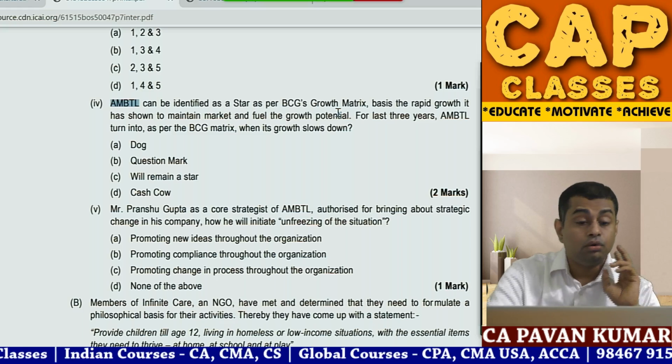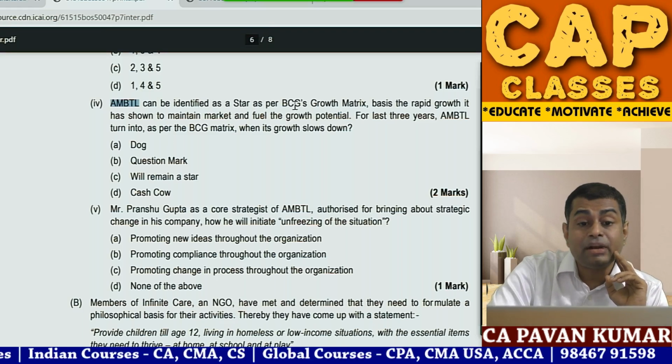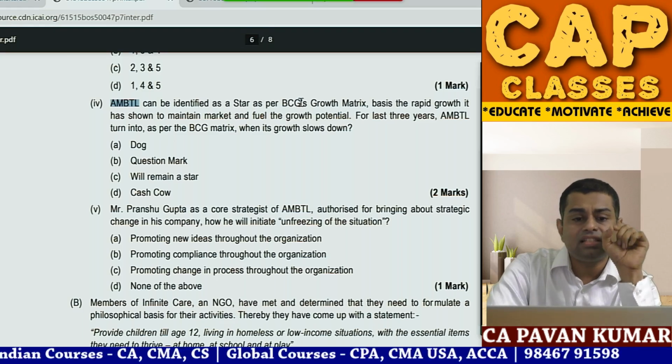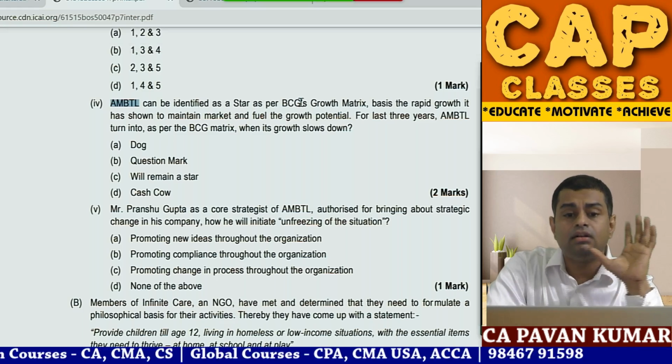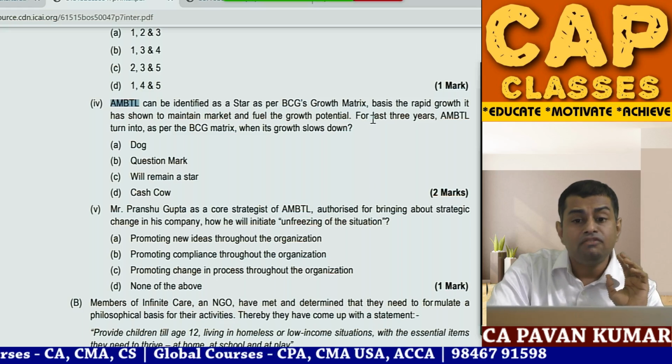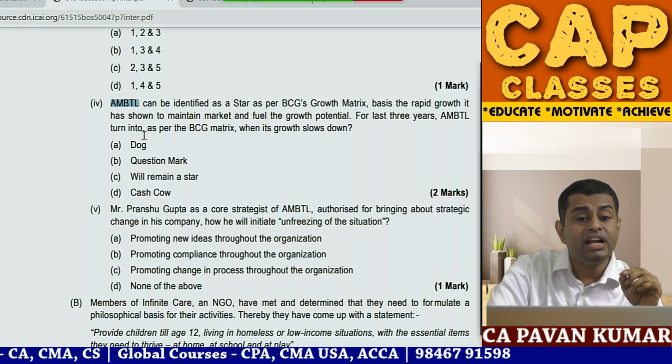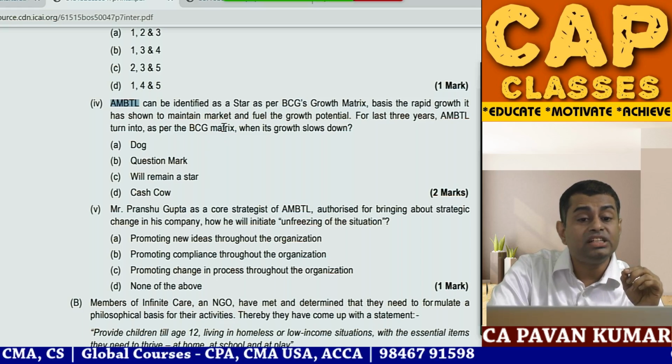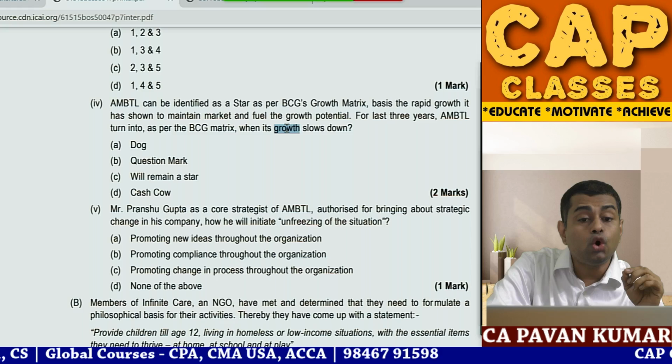Correct? Now, what they are saying is at present it is star. Okay. For the last 3 years, AMBTL turns into, as per BCG matrix, something when its growth slows down.